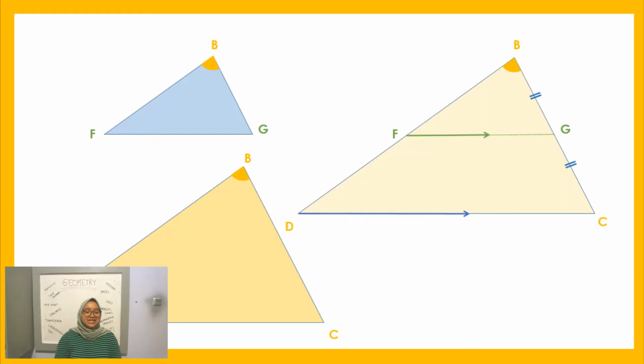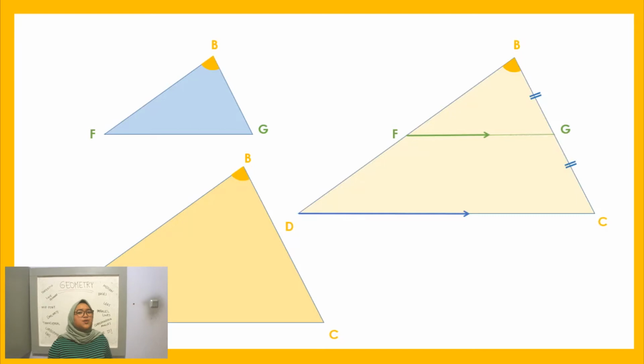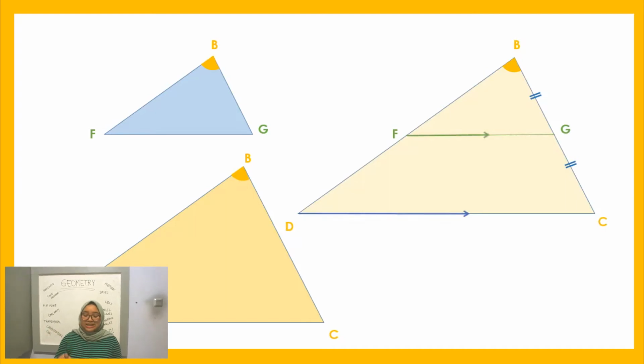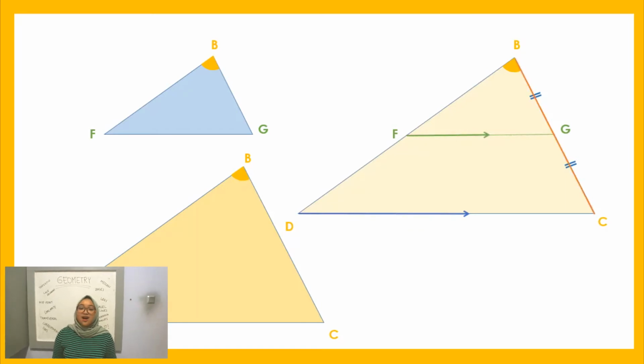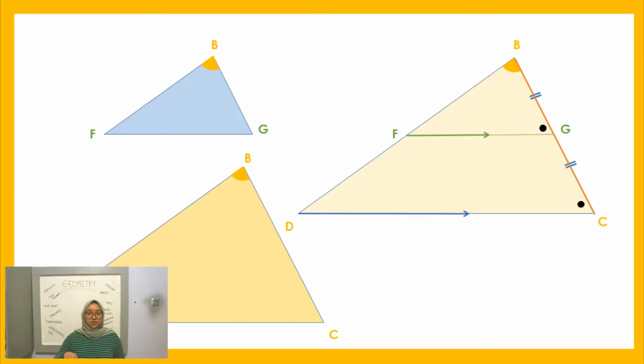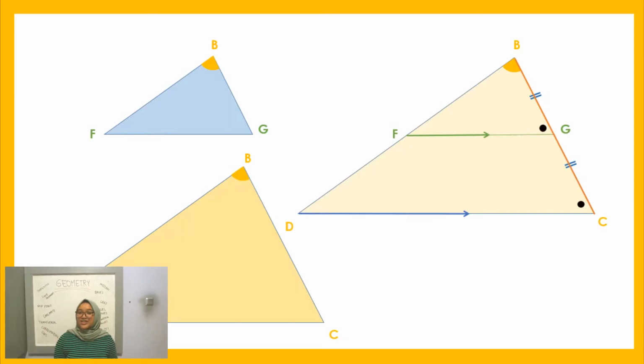Okay, so if we take a look at this figure, we are reminded of two parallel lines cut by a transversal. The two parallel lines are FG and DC, and the transversal is BC. Do you know where the corresponding parts of these parallel lines are? Yes, angle FGB and angle DCB are corresponding to each other. So if we know it is a corresponding angle, we also know that it is congruent.